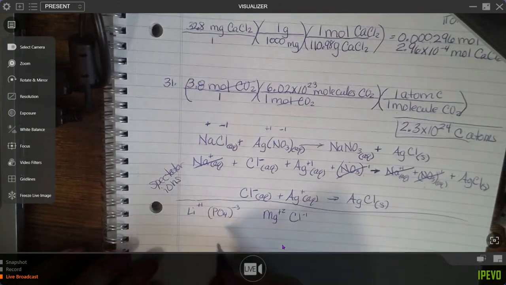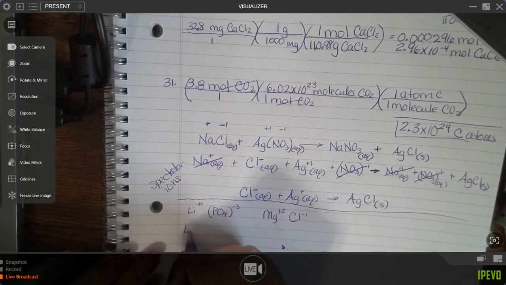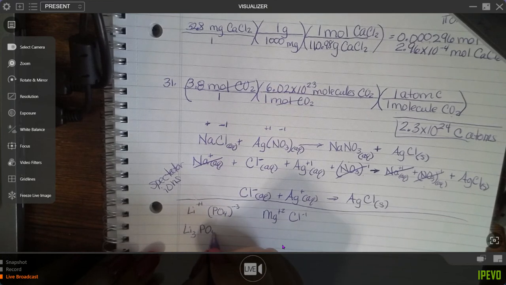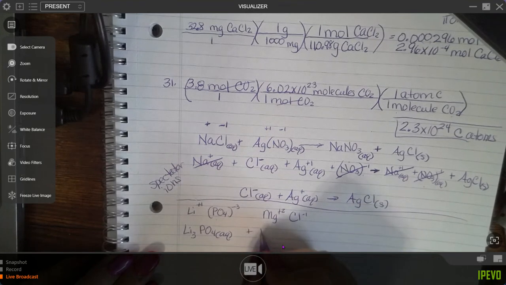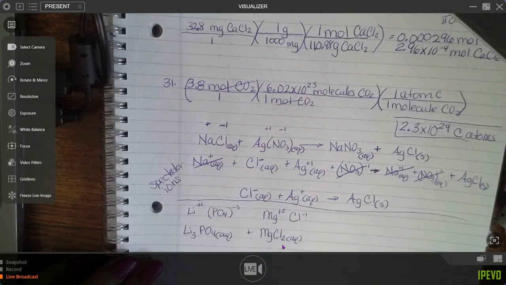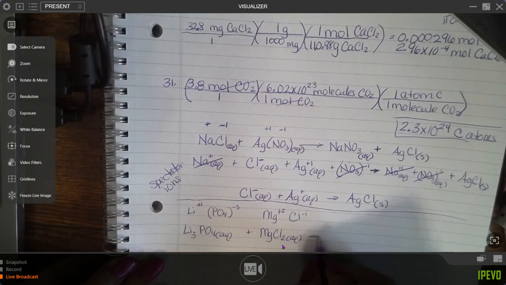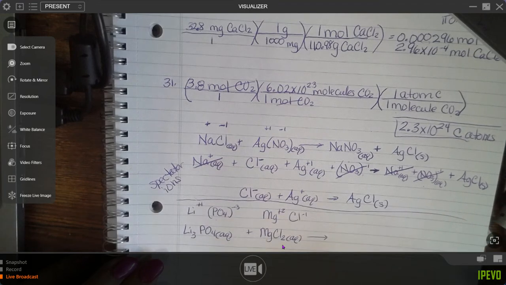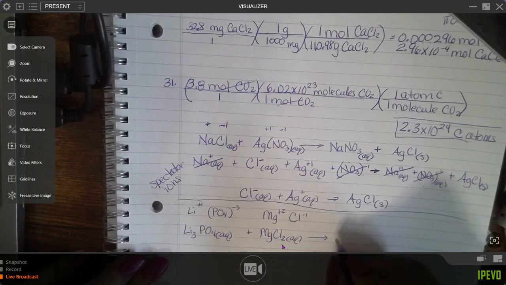Okay, so lithium phosphate would be Li3PO4 aqueous plus MgCl2 also aqueous. Okay, what's going to happen, that lithium and that magnesium are going to switch places, so we would end up with magnesium.